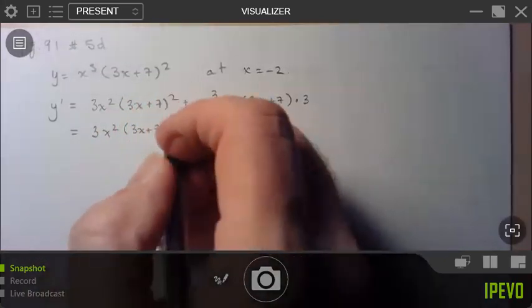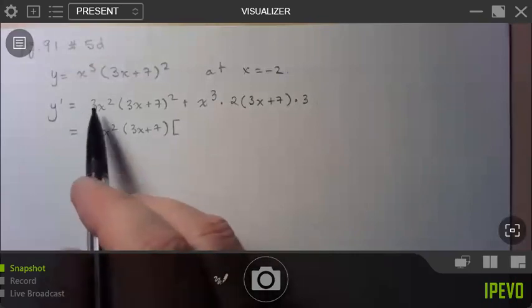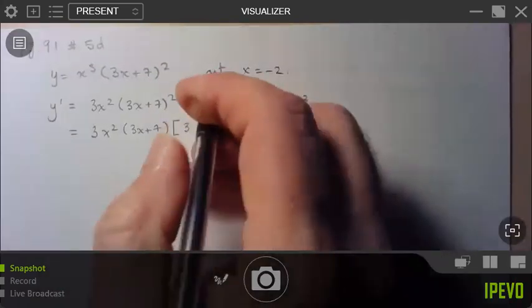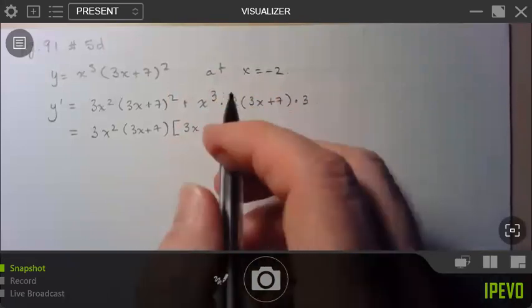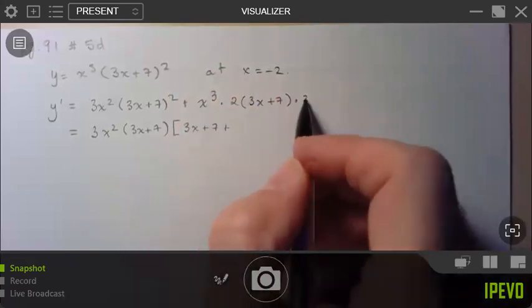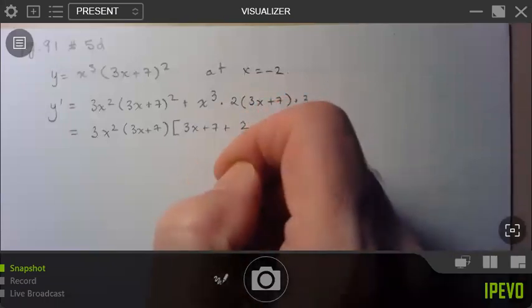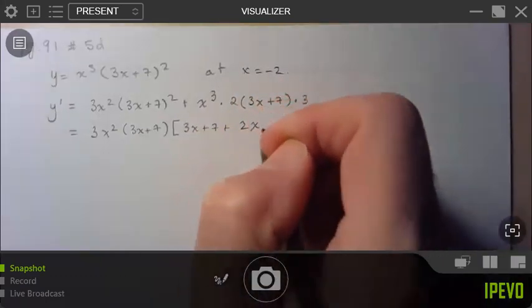Okay, and so now when I take a look at what's left when I factor all this out, it's going to look a lot better, because here I've got rid of the 3, I got rid of the x squared. The only thing that's left is the 1 factor of 3x + 7. Okay, and here plus, well, I've got rid of the 3. I still have the factor of 2. I'll put that first. Sorry, I got rid of 2 factors of x, so I'm left with 1.